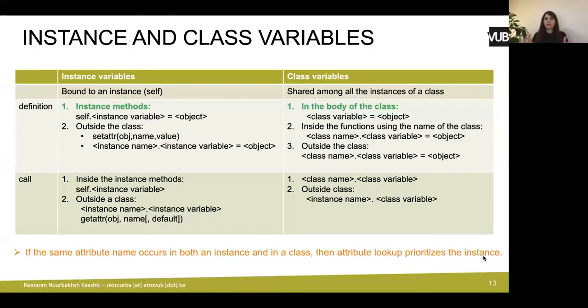If you do that, the attribute lookup will prioritize the instance, so it will always use the instance variable if you refer to it using the name of the instance.